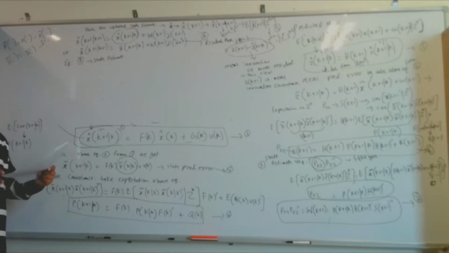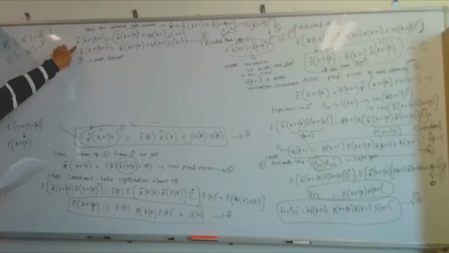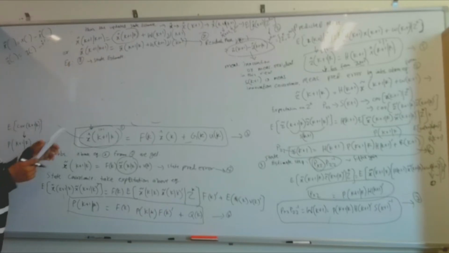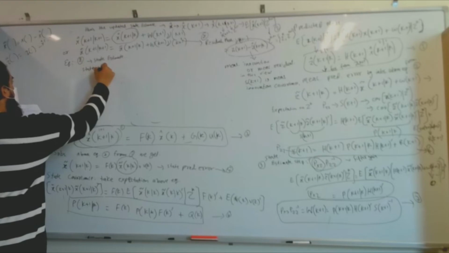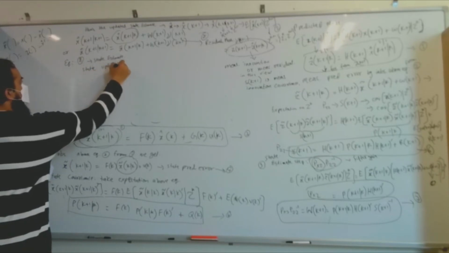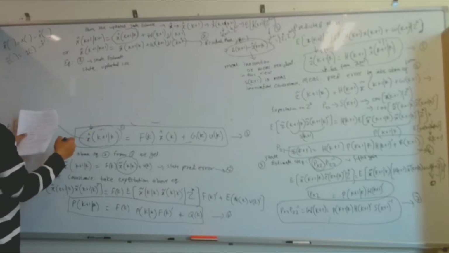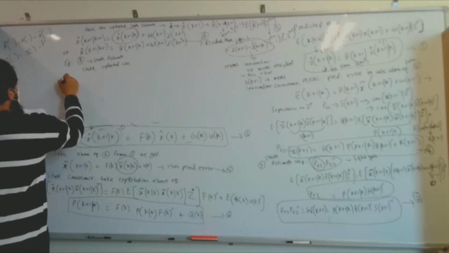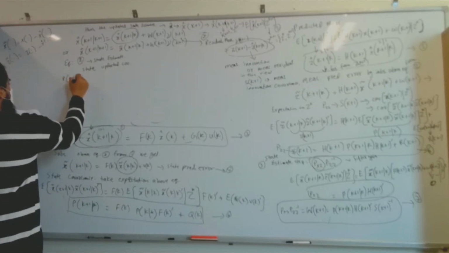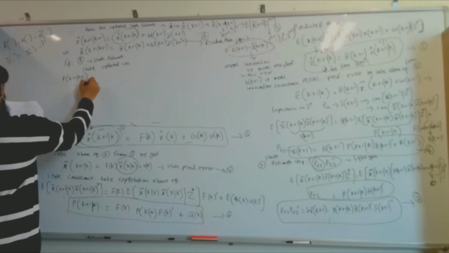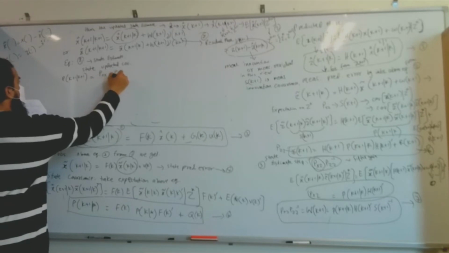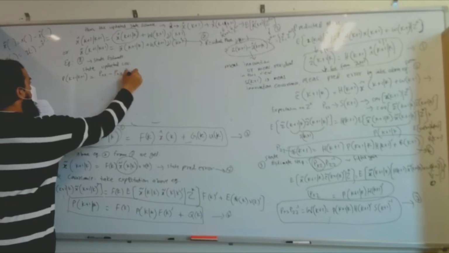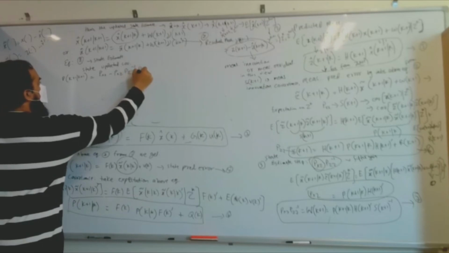Now, finally, we have calculated this thing. Now we have to calculate the covariance of this thing. So the state updated covariance P(k+1|k+1) is Pxx minus Pxz Pzz inverse Pzx.